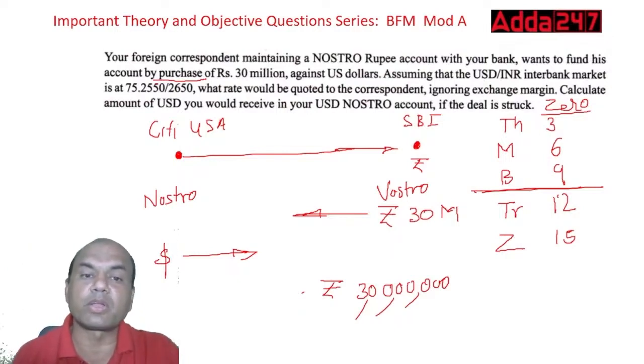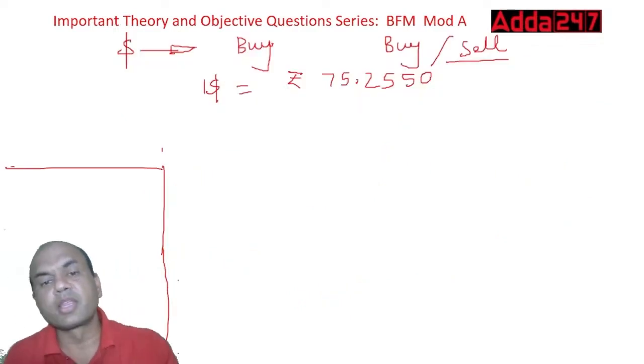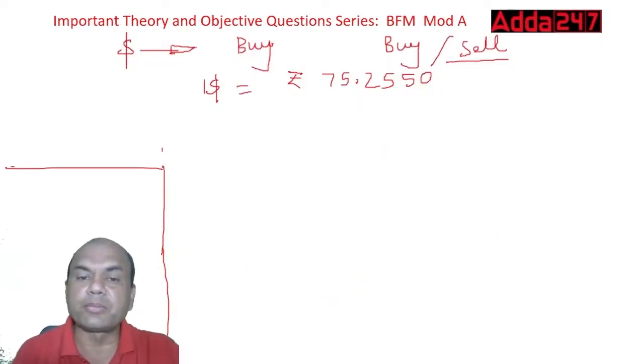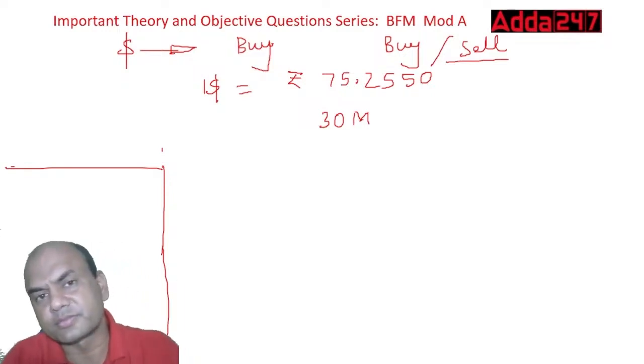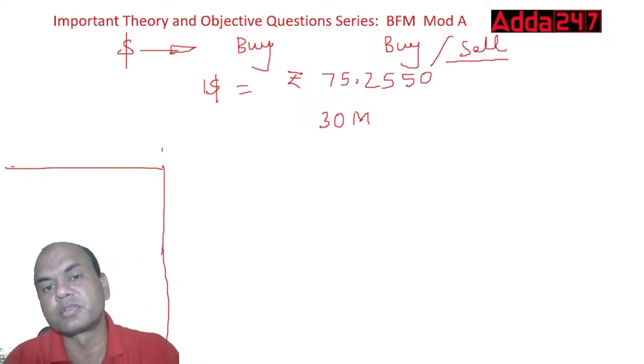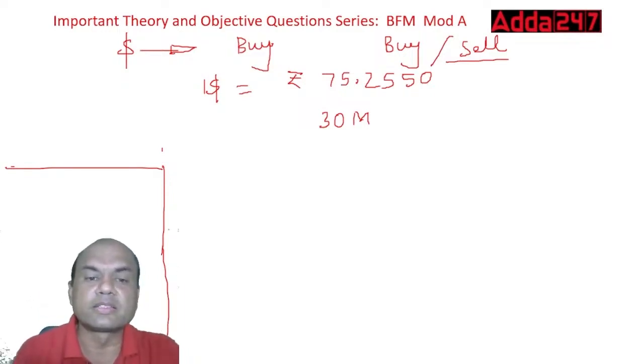You have rupees or dollars? You have rupees, 30 million. I'll write 30 million below the rupees. I'll write M over here. Million means 6 zeros. Now what do I want then? I want dollars.